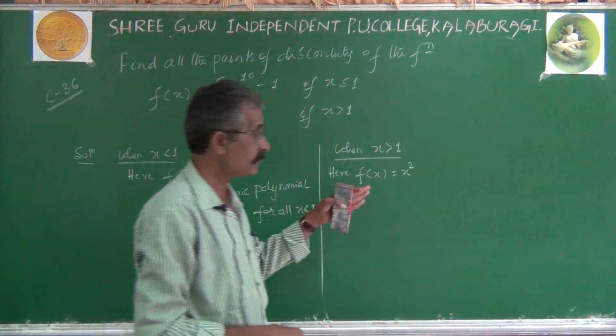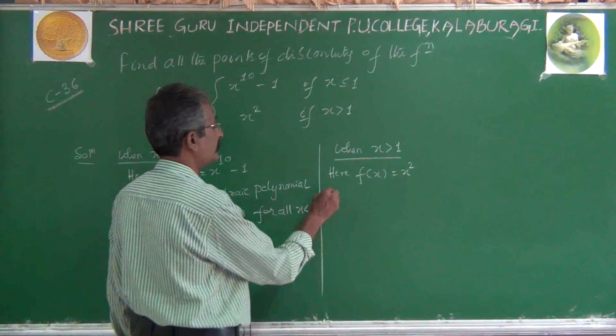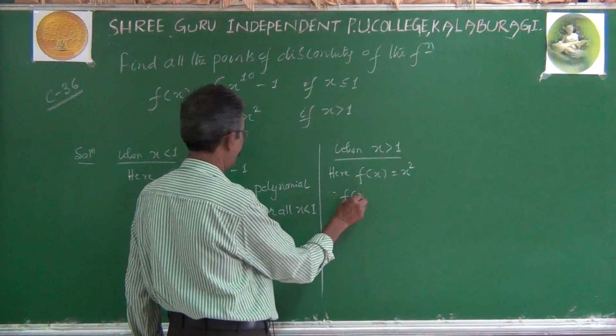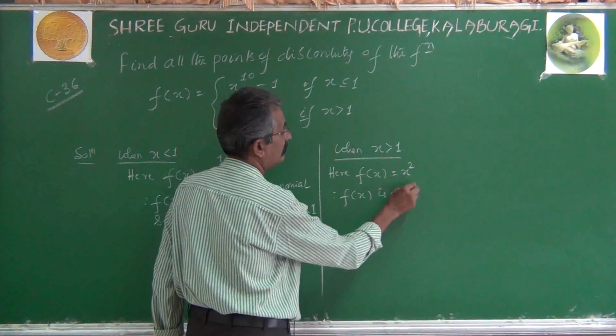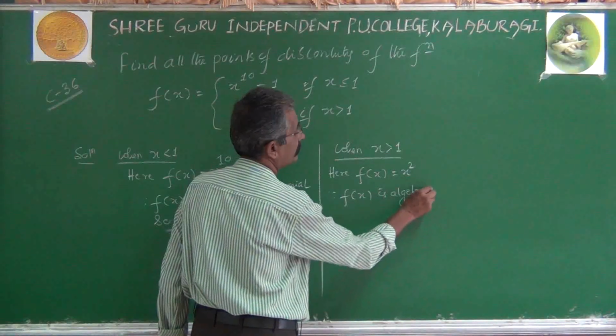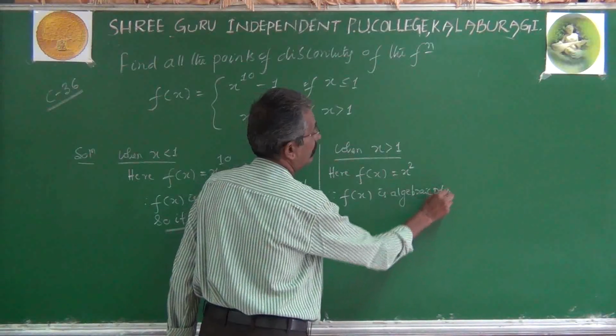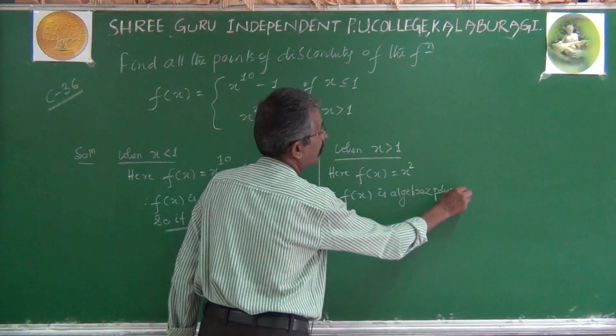Hence it is also continuous, since f of x is an algebraic polynomial.